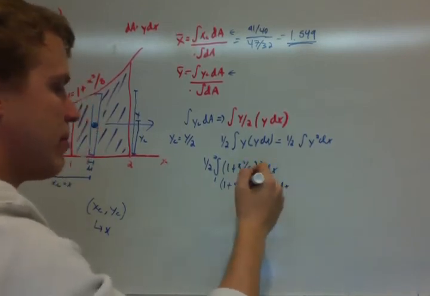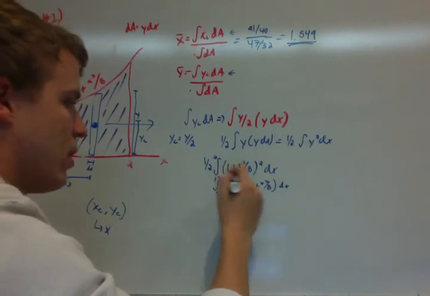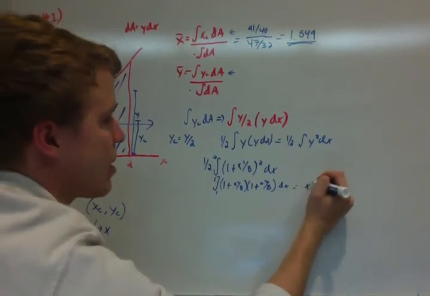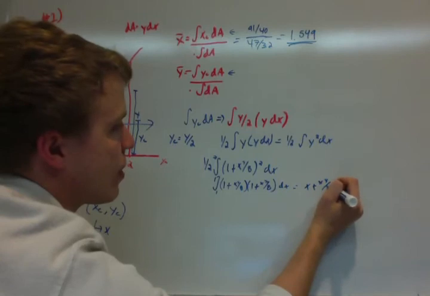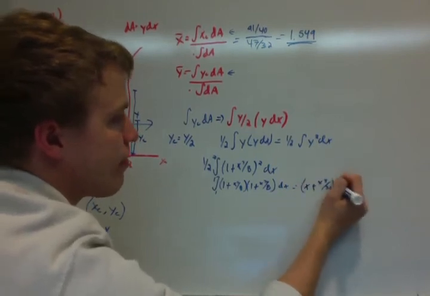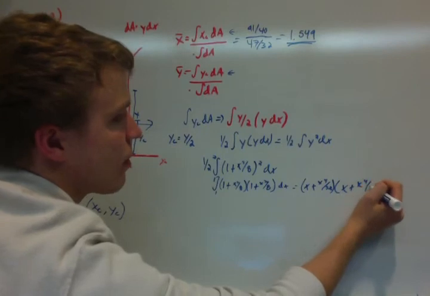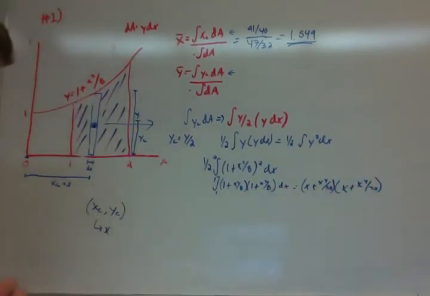So then we do some distribution, or we have to integrate it first. So this would turn out to be x plus x to the 4th over 32 times x plus x to the 4th over 32. So then we distribute that.